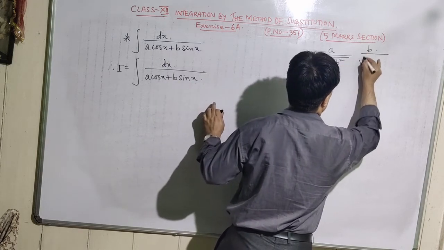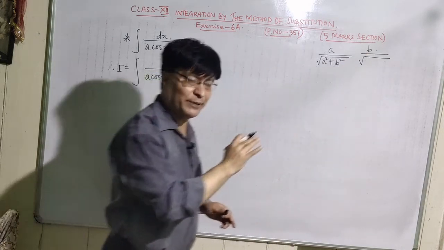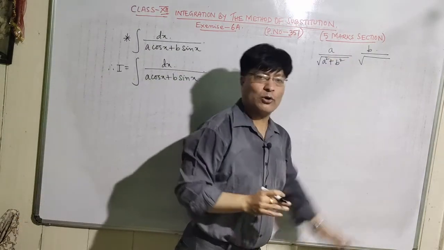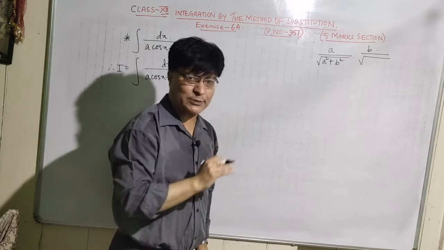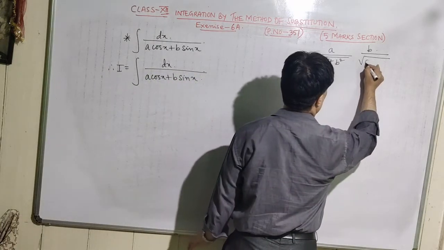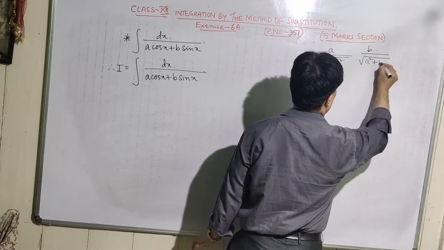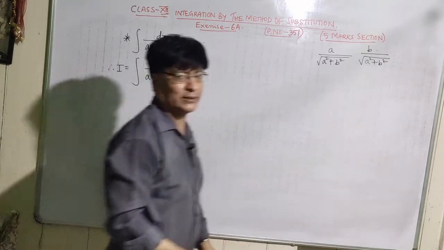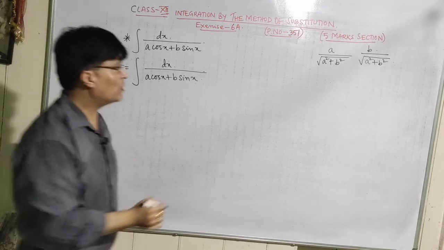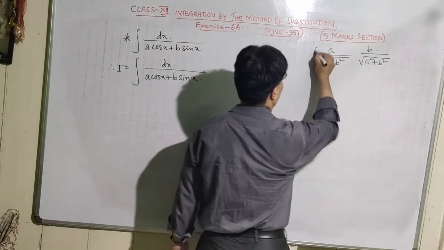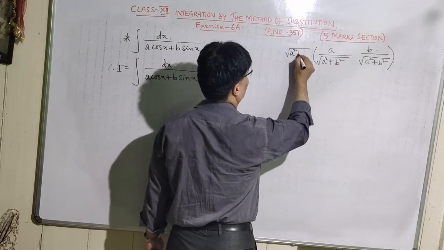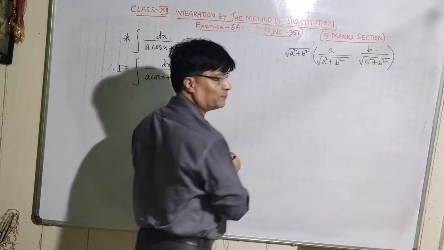This b is also divided by the same expression, that is within square root coefficient of cos x whole square, that is a square, and then it is plus b square. Is that clear? But you have to cancel it. But in order to cancel it, you have to multiply it by what? Root over a square plus b square.